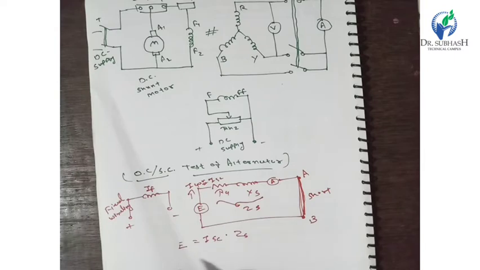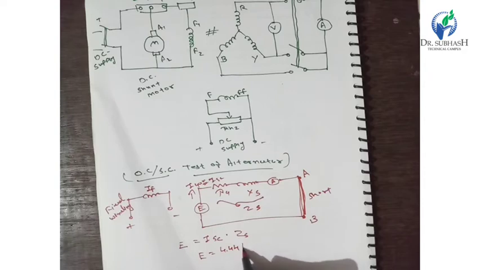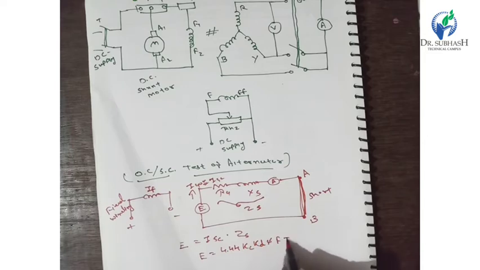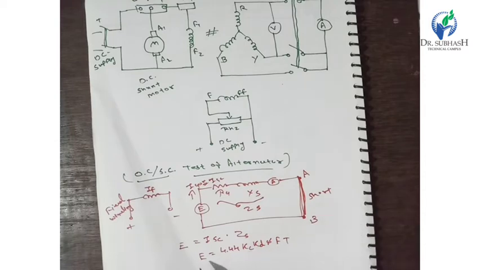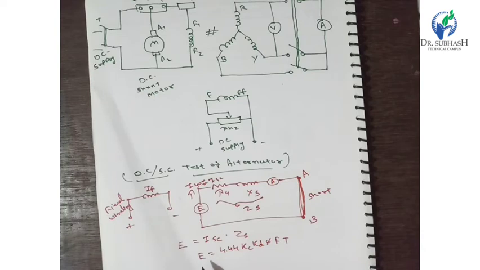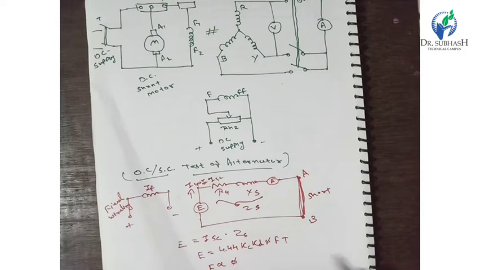We know that the EMF value E is equal to 4.44 Kc Kd phi F T. In a previous topic we discussed in detail that the EMF is directly dependent on the flux, and the flux is responsible for the armature current through the field current IF.